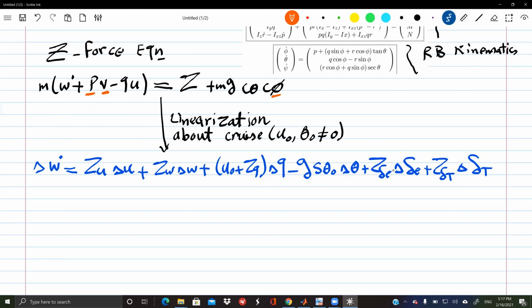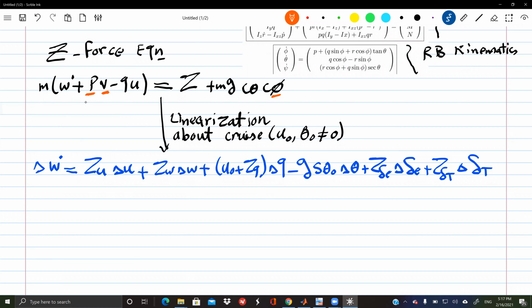Phi also went away. So p, v, and phi went away. So I started with an equation that has many variables. It has w dot, this is 1, 2, 3, 4, 5, 6, and 7 variables. And you ended up with an equation where 3 of these variables went away.